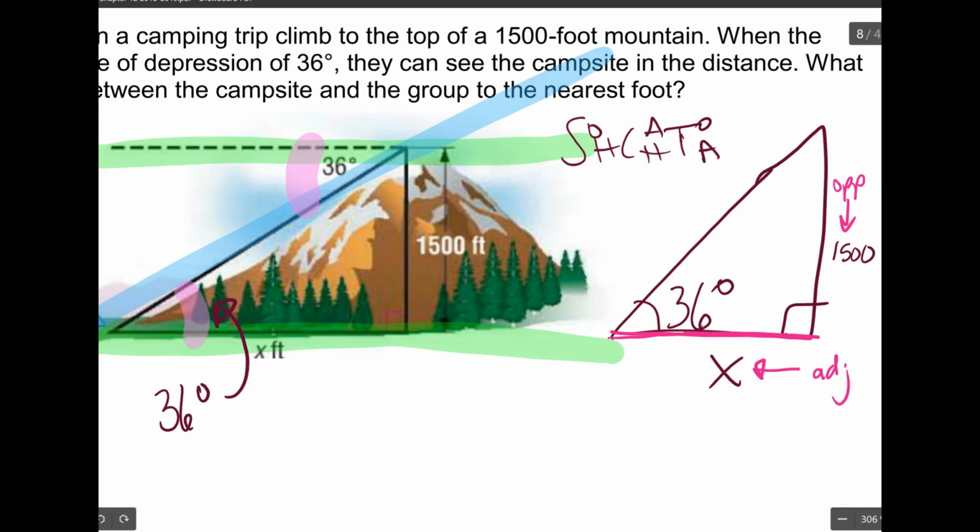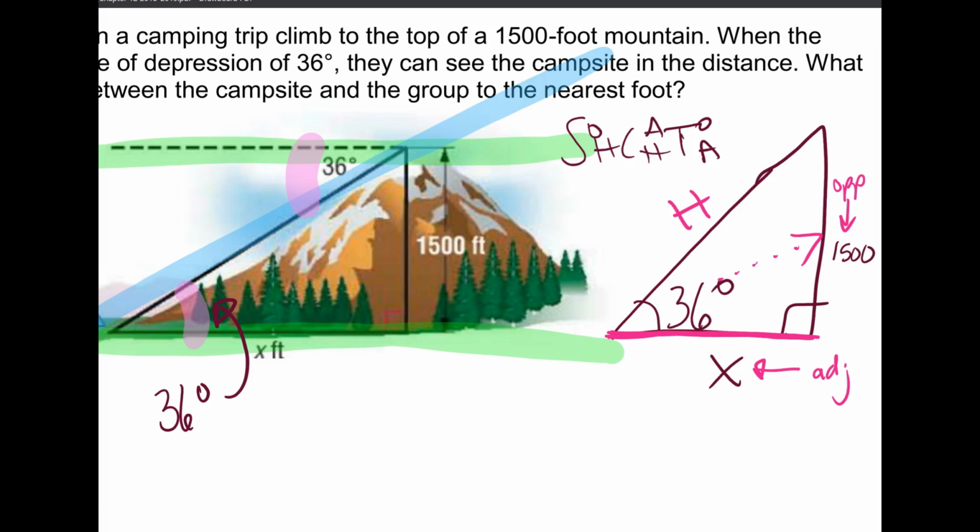How do you know if it's adjacent? Check it out. It's literally one of the legs of the angle. Adjacent to what? The angle. Look, the angle is 36 degrees. This is the side that touches the angle. But the other side touches it too. What other side? This is the hypotenuse. How do you know that's the hypotenuse?